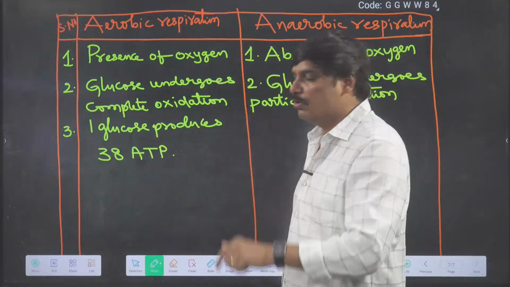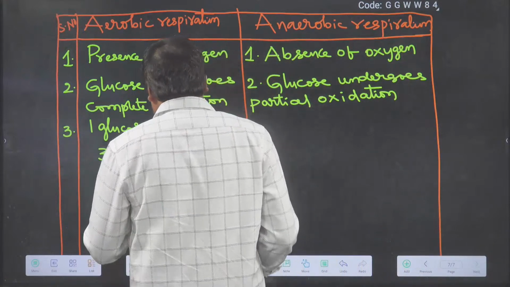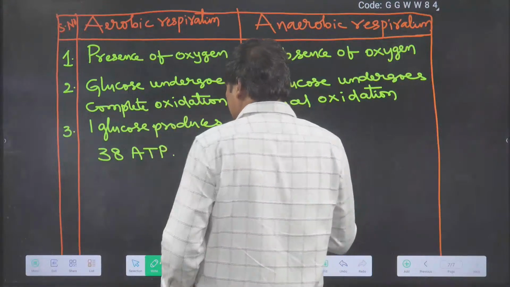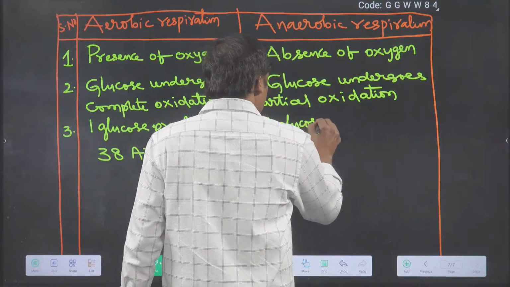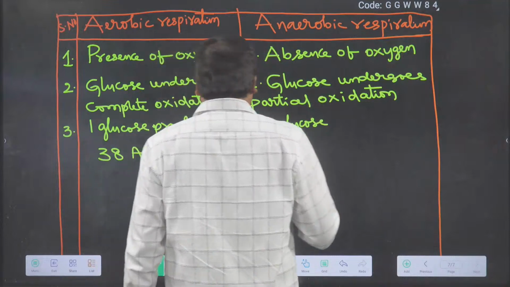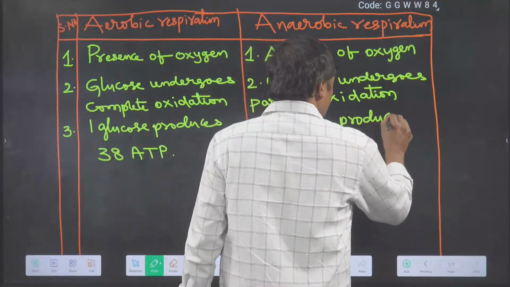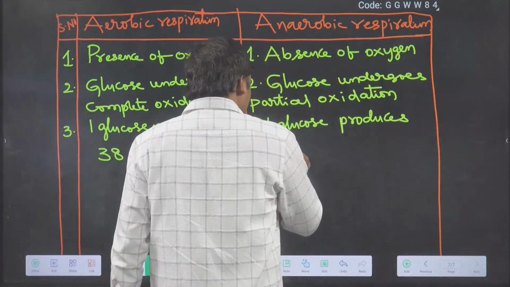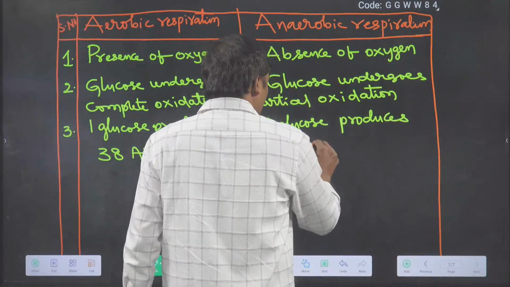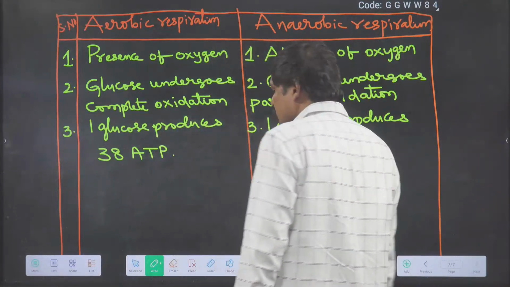The same glucose in anaerobic respiration produces only 2 ATP molecules.